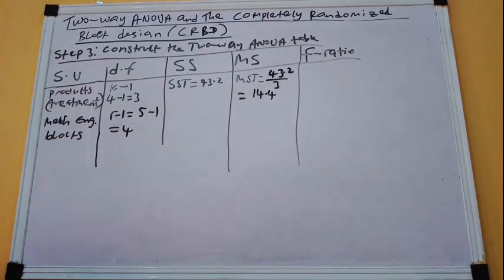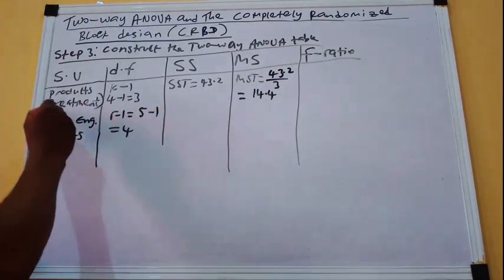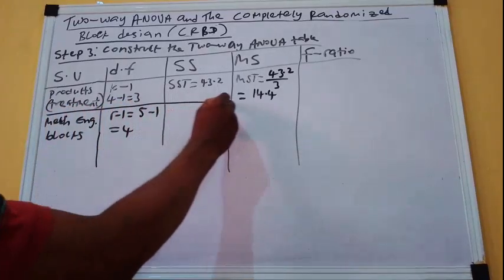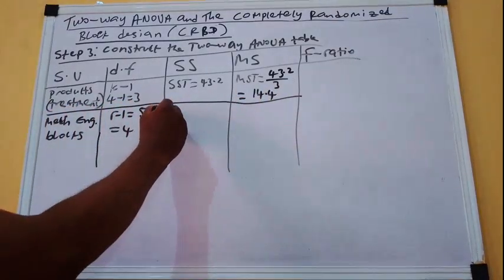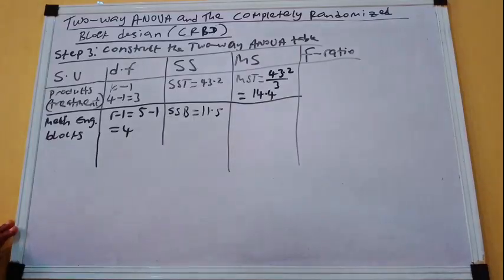We have 5 engineers. Then the sum of square for block, SSB, is 11.5.